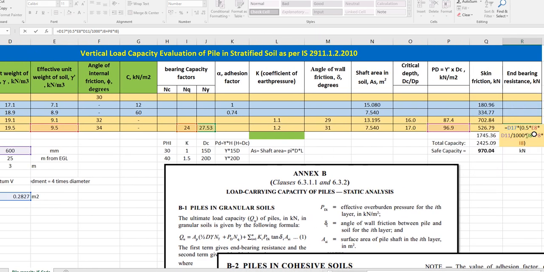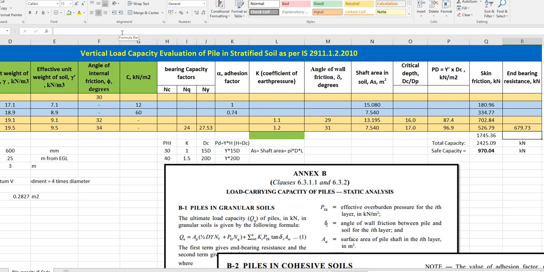Then we have 0.5 into D, the diameter of the pile, so we have 600, so D11 by 1000, and one more term, that is gamma, which is E8, and then we have J8, N gamma, which is this term. Okay. Then plus PD into NQ. So PD we have already seen, PD is 96.9, which is already included, and NQ is this one, which is I8. So I8 is the last term. So this gives you end bearing resistance.